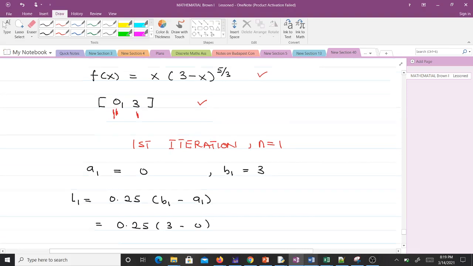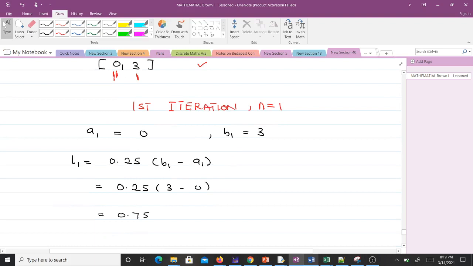To get L1, L1 is 0.25 times b1 minus a1. So we get 0.25 times 3 minus 0, and when we compute this, we get 0.75. So that's our L1.